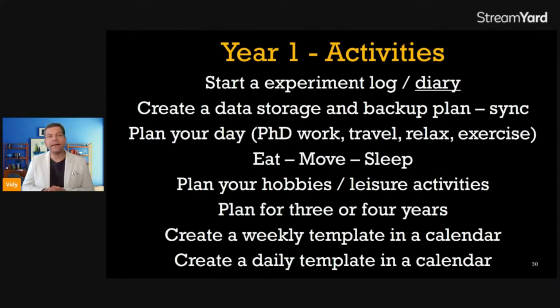And also create a daily plan. If you're going to start at 9 o'clock and you're working from 9 to 5, break down those activities, what you're going to do, and put it in the calendar. So you know that these are the steps, or these are the activities that you have planned for today, and this is what you are going to do.